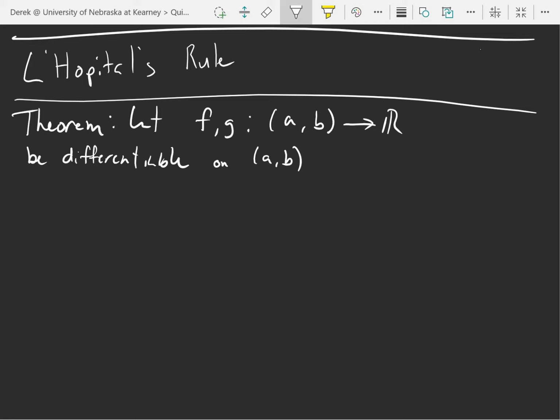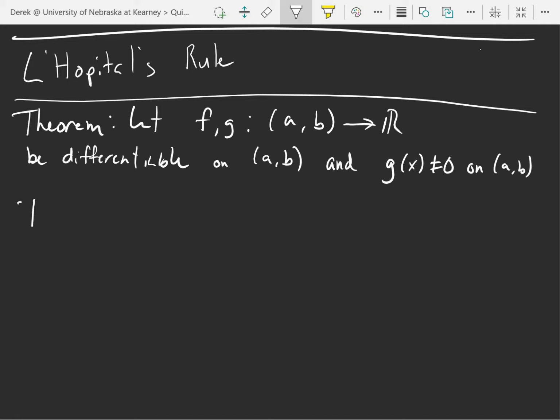And we need some more assumptions, and we want g of x not equal to 0 on that entire domain. So this could be another reason why we might have to shrink that domain down and restrict a and b a little bit. Okay.